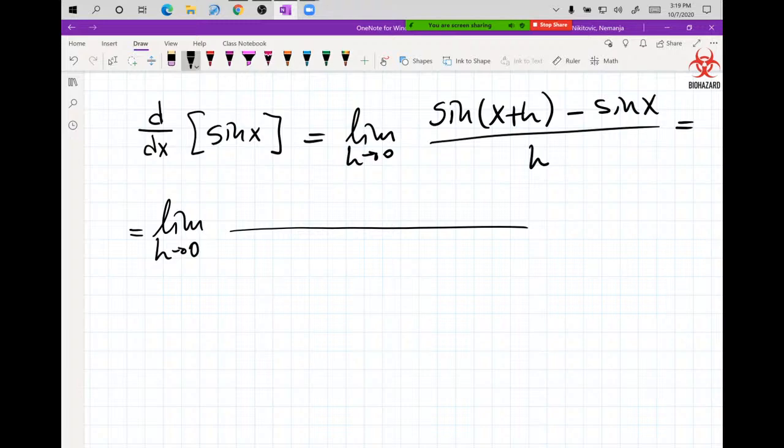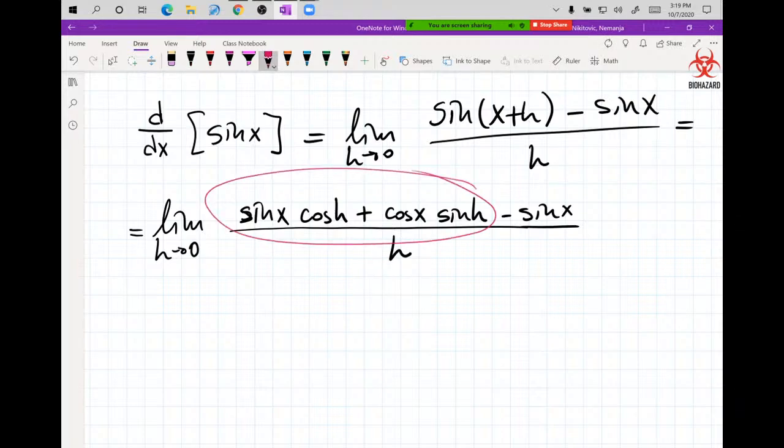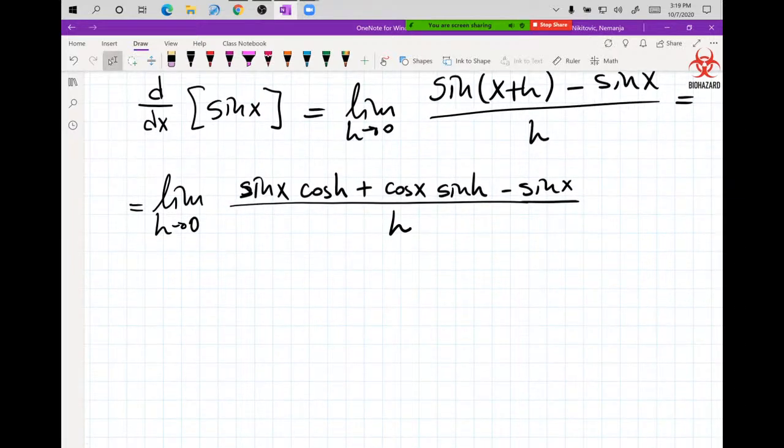So you are supposed to use the sine of the sum of two angles, and that is sine of the first, cosine of the second, plus cosine of the first, sine of the second, and then we have minus sine x, and everything is divided by h.